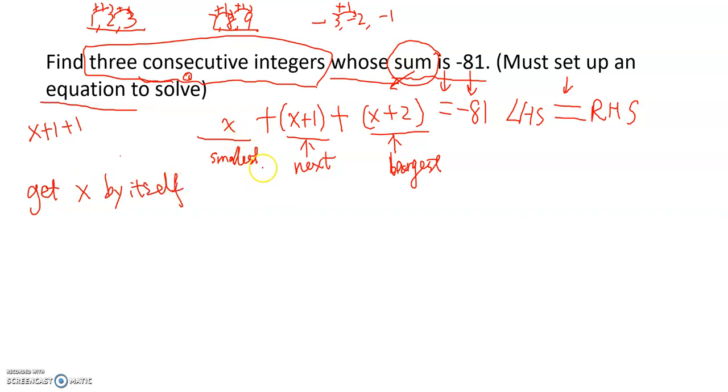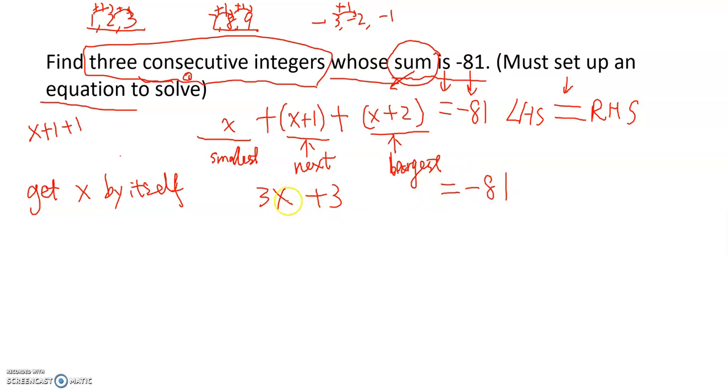To combine them, we get 3x, and this 1 and 2 can be combined to get a 3. So this is like simplifying an algebraic expression, combining like terms. Letters can be combined, and numbers can also be combined. On the right-hand side, it stays the same.